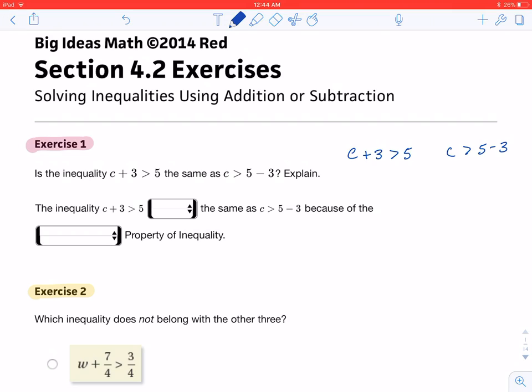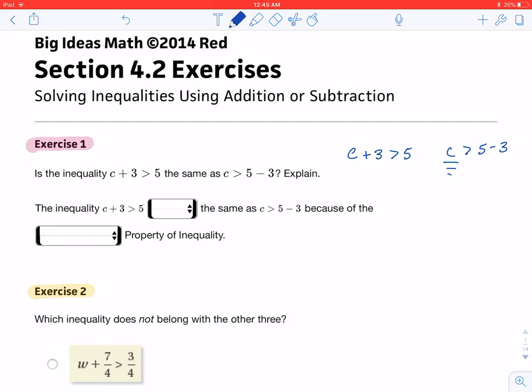You can test this one of two ways. You can plug in any number for c and see if you get the same response every time, or you can use that knowledge that you just learned on subtracting or adding to both sides and see if that's what has been done here. So we have c plus 3 is greater than 5.